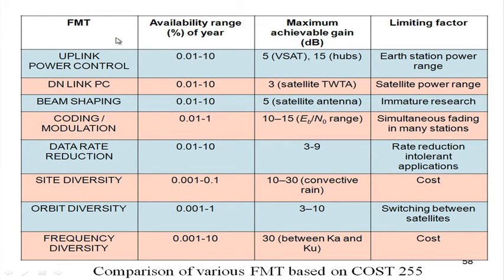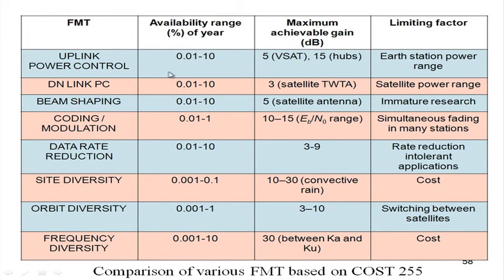What is shown here is the fade mitigation technique list and the average range of the year when the impairment takes place, or I should say the availability of this FMT. Using that, they have estimated the achievable gain in dB, and what could be the limiting factor for each of them.